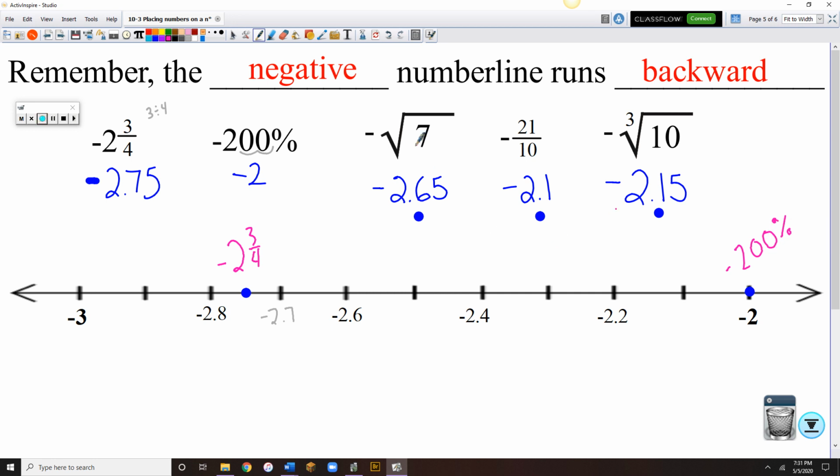Okay, negative root 7 is at negative 2.65. So it's a dot here. Again, we want to be careful. Here's negative 2.6. We have to go to the left to go toward the 7 to get larger, but really smaller. But it feels larger. We want to label that as negative root 7.